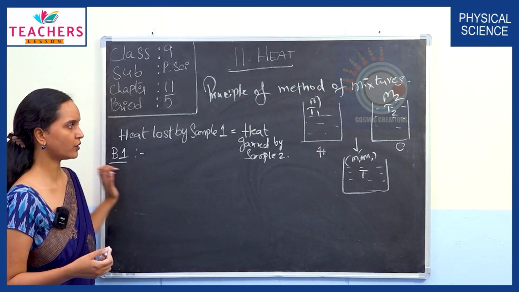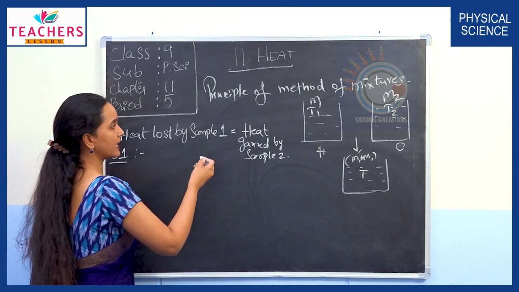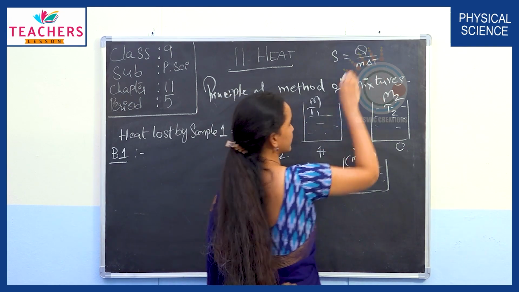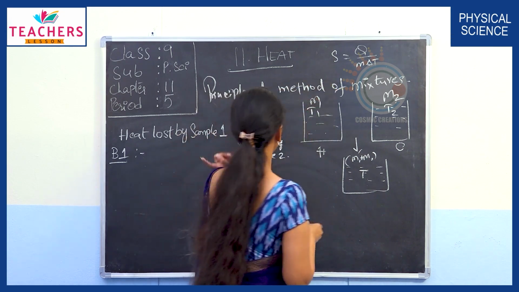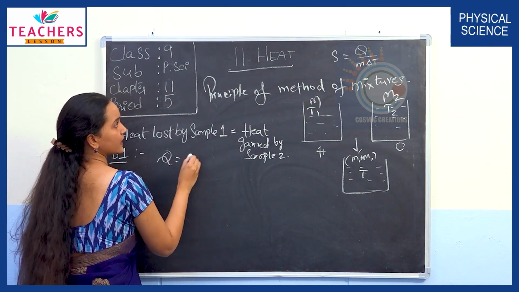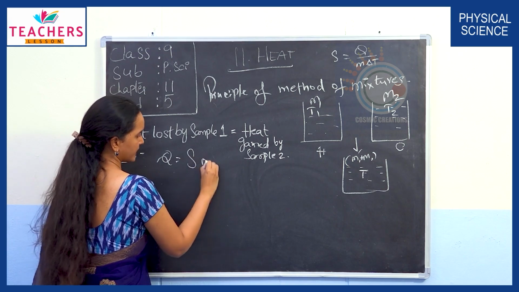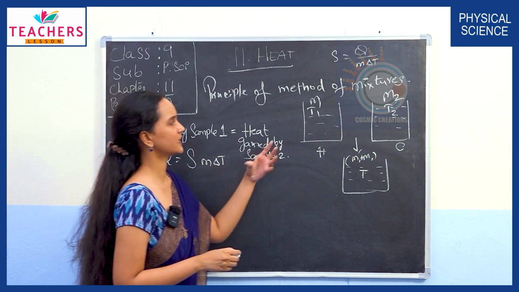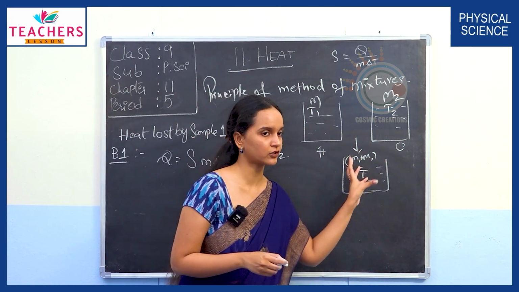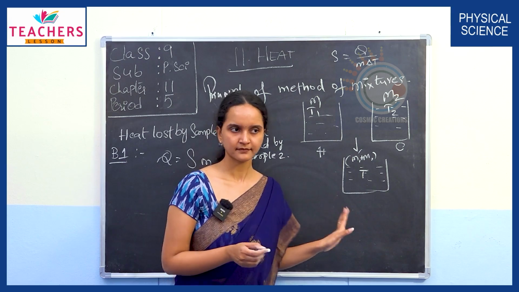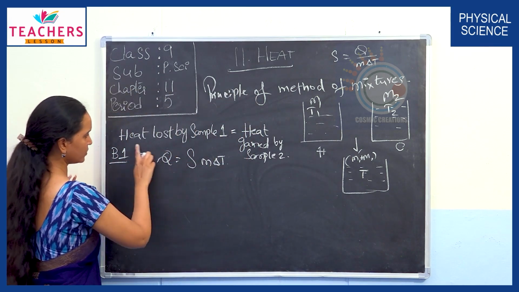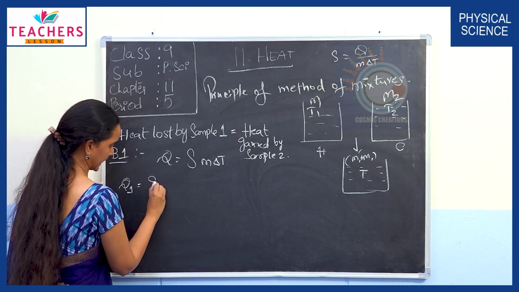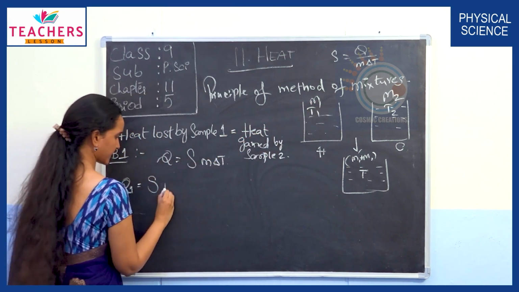From the previous session we have studied S is equal to Q by M delta T. From this, Q is equal to S M delta T. Now the liquid present in both these beakers, let's say they are of the same substance, water. So now heat lost by sample 1, Q1, is equal to S, mass is M1.